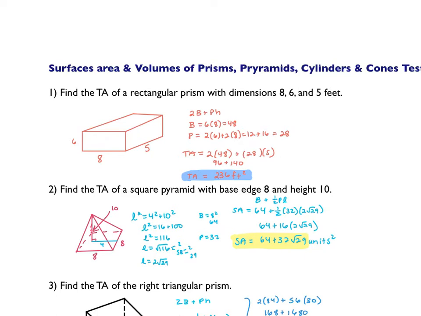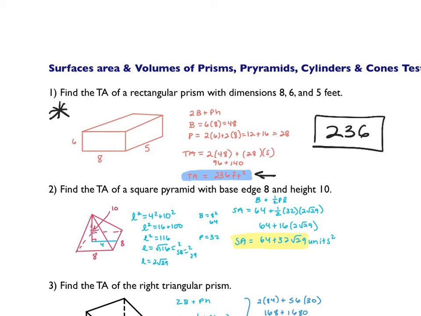If number 1 was not a multiple choice question, then what you would put in the box is just going to be 236. You don't need to worry about putting feet squared into those free response questions. Pretty good on that? All right, so the first one asks you to find total area.